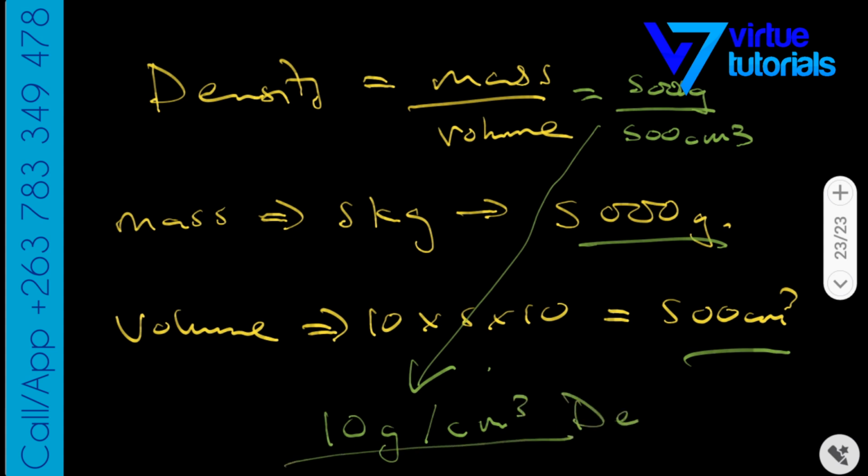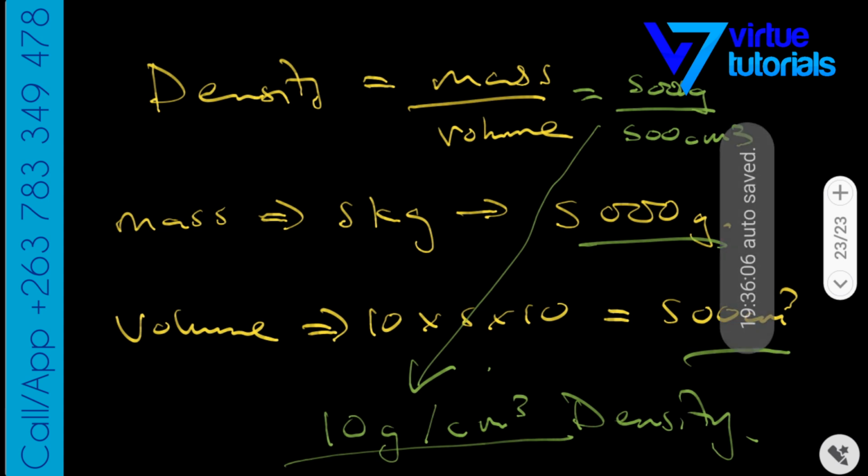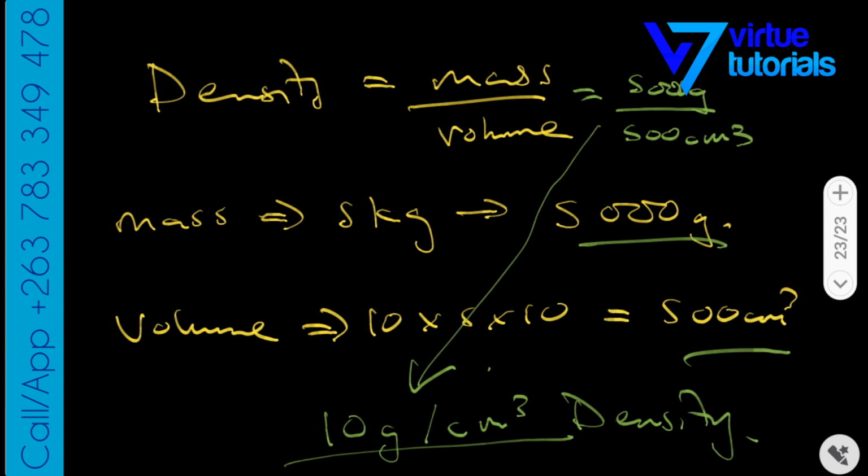So that's my answer for density. That's the simplicity of density. All you have to do is divide the mass over the volume. If you're not given the volume, remember you are equipped to calculate the volume. Once you've calculated the volume, you can do your division, mass over volume, and then find your answer for your density.